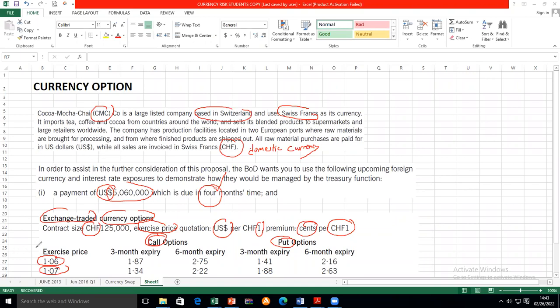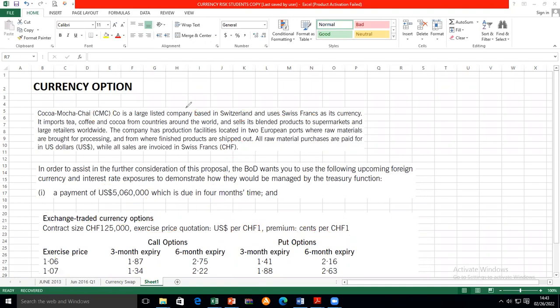Now, I told you last time that in most of the questions, we have only 1 or 2 exercise prices. And I did say that these questions are mechanical, in the sense that once you understand one, you can use the same. So what right do we want as a company in 4 months' time?